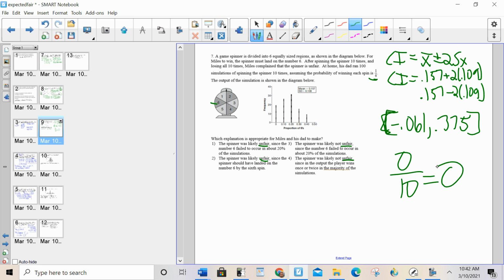So, according to the confidence interval, is 0 an expected value? Is 0 between negative 0.061 and 0.375? Yes! 0 is an expected value because 0 is in the confidence interval. Therefore, the spinner is fair.